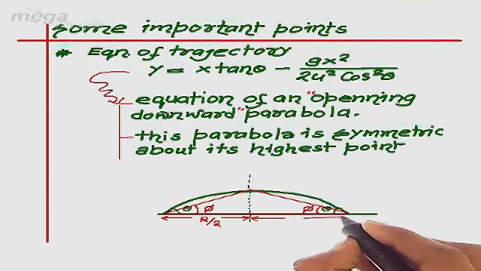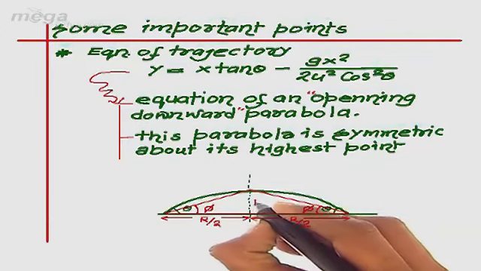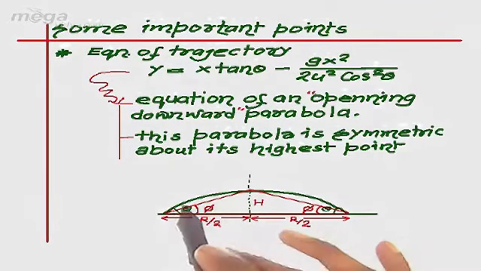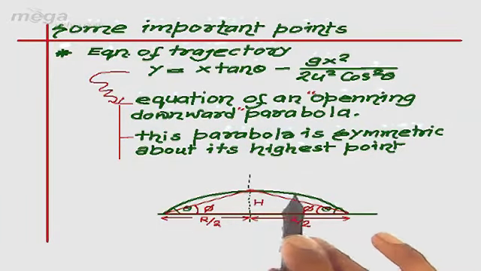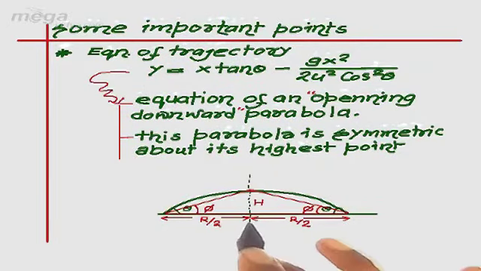Similarly, this distance is also R by 2. This is the maximum height attained by this projectile, and the path of the projectile is symmetric about this vertical line which passes through the maximum height.